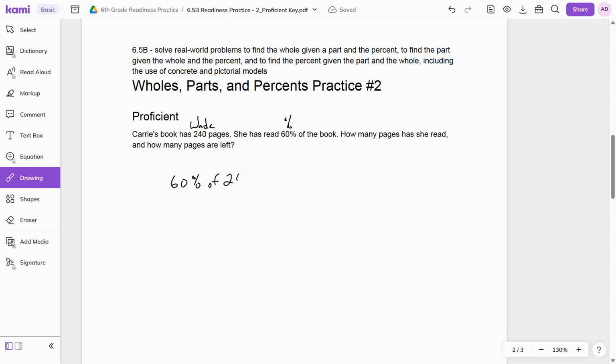of that 240. And when we're taking a percent of something, right, we can think that's multiplication. And we can think of our 60% as 60 over 100, or we can look at it as 6/10, or honestly, in this case, it might be easiest to think of it as 0.6.